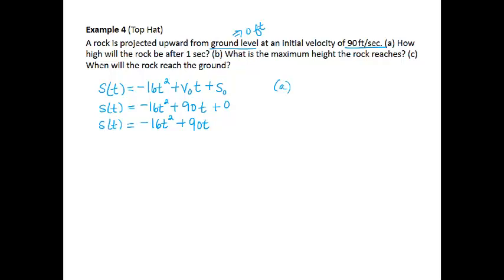Part A is to find the height after 1 second. So we know the time, we need to find the height. We're going to replace the t with 1 in this model to get S of 1 equals negative 16 times 1 squared plus 90 times 1.